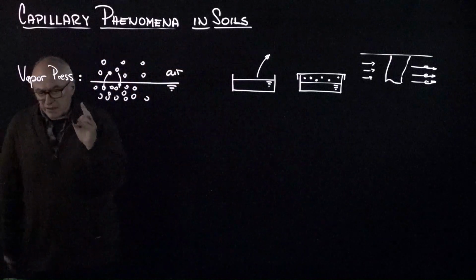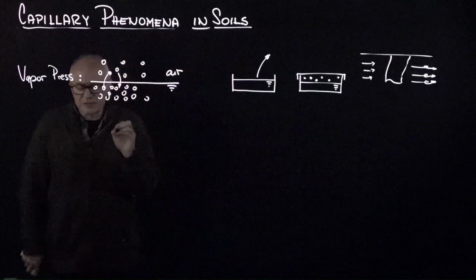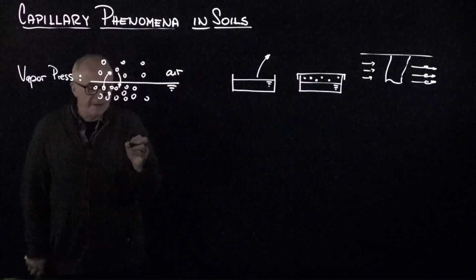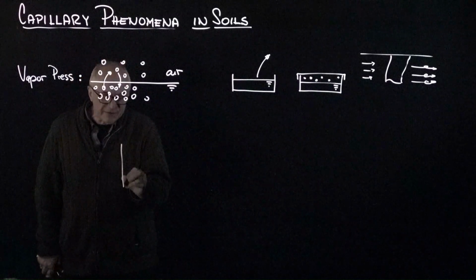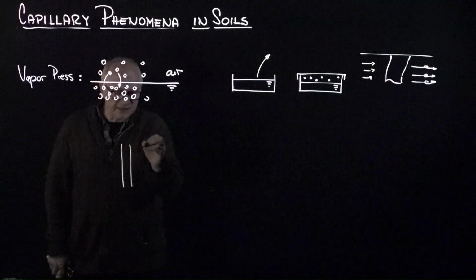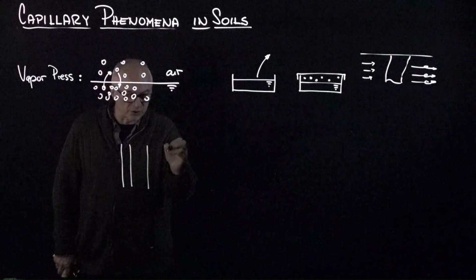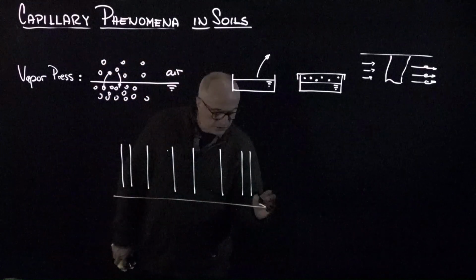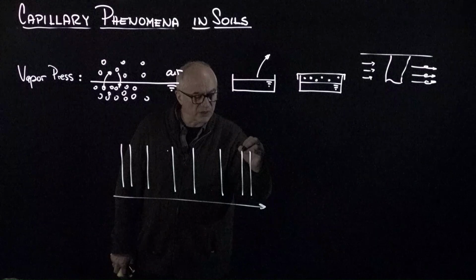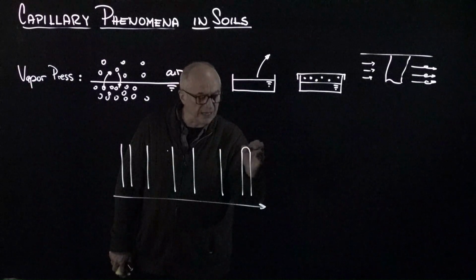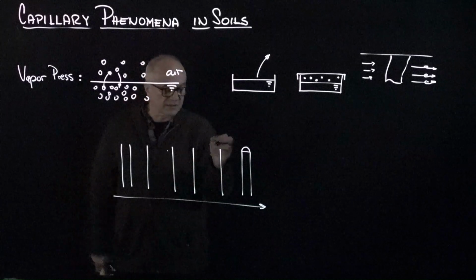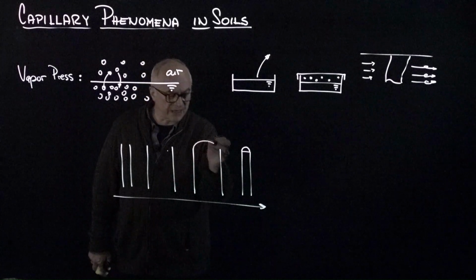There is another consequence of this, and it is related to the effect of curvature on vapor pressure. So let's consider the following capillary tubes. The ones on the right are going to be non-wetting, and so a water droplet, if we fill it up, will form a convex geometry, the same here.